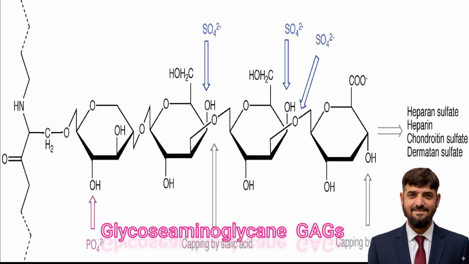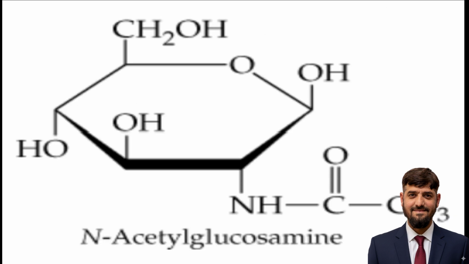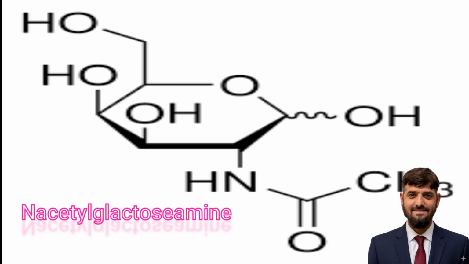GAGs are long, unbranched polysaccharide chain. They are made up of repeating disaccharide units. Each disaccharide unit consists of one amino sugar that is either N-acetylglucosamine or N-acetylgalactosamine and one uronic acid.